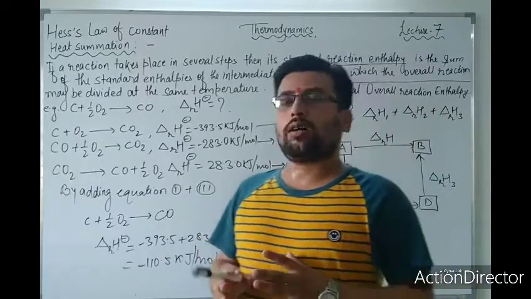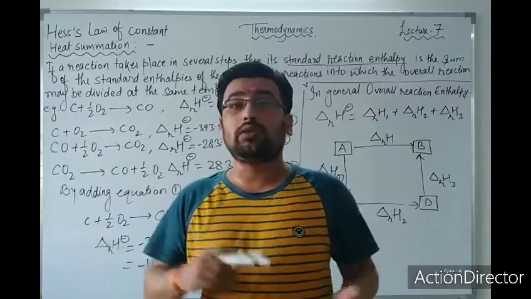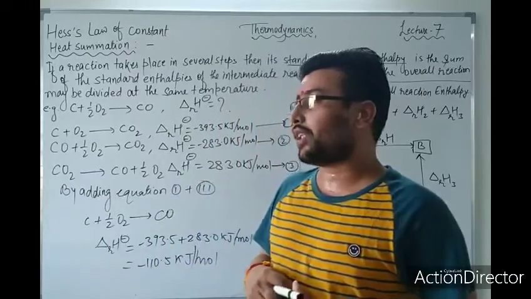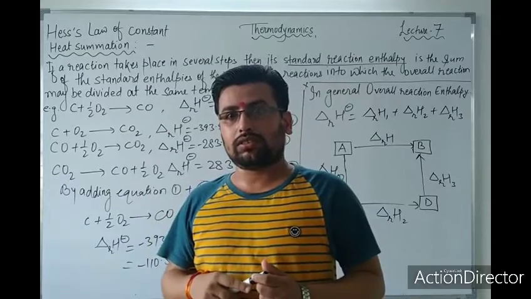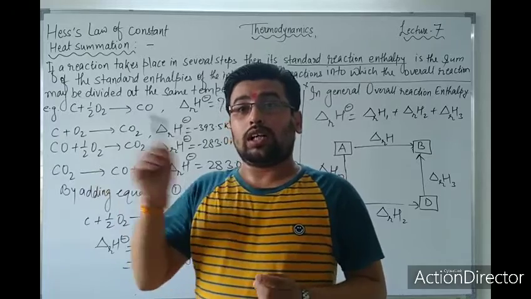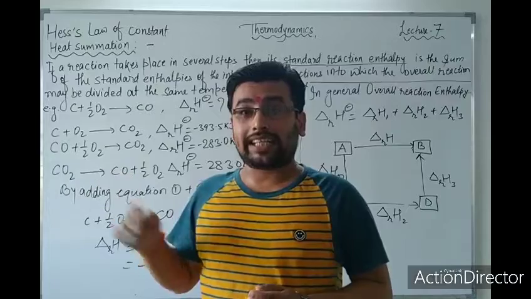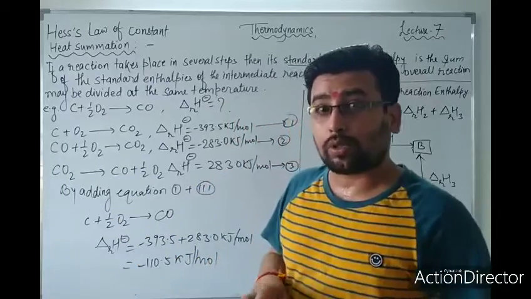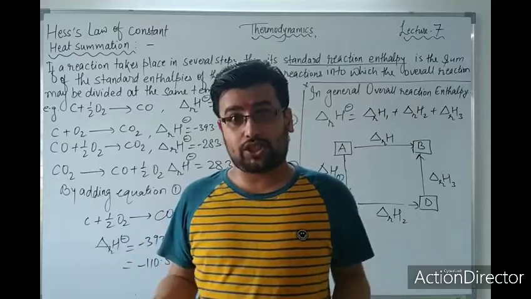See, whenever we talk about enthalpy of reaction, remember that in the previous video I talked about standard enthalpy of reaction. Have you remembered that delta HR is equal to the summation of product enthalpies minus the summation of reactant enthalpies? If you have remembered, then you may know about that. What is this enthalpy of reaction, right?